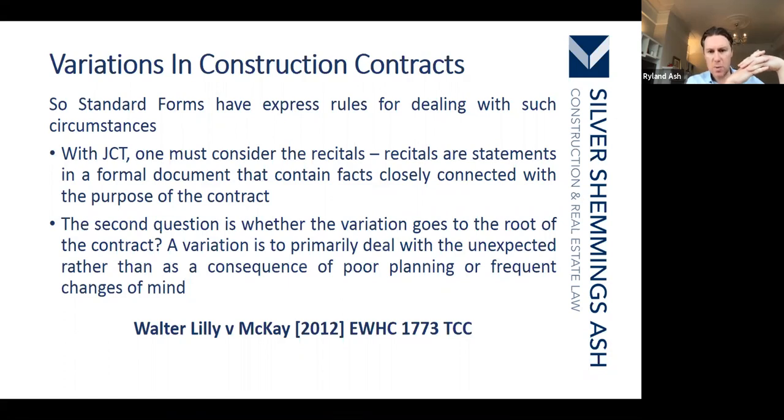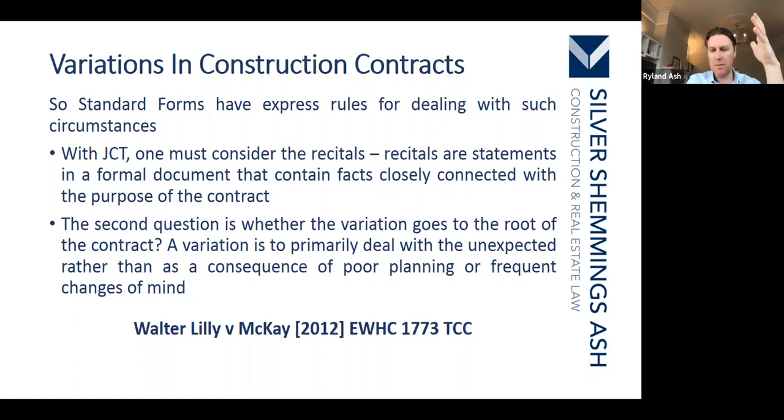And the second question is whether the variation goes to the root of the contract. A variation is to primarily deal with the unexpected rather than a consequence of poor planning or frequent changes of mind. And the case I've referred to is a cracking case of Walter Lilly versus Mackay, where Mr. Mackay wanted 4 terraced houses renovated effectively. There were 4 contracts originally, and he then transferred all of the obligations, design and build, into one contract.